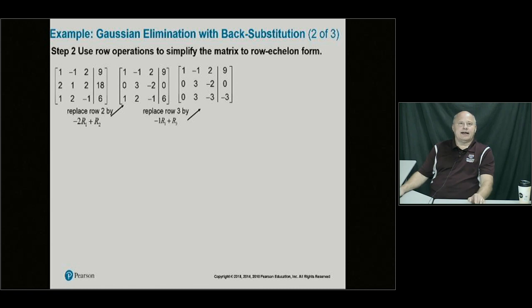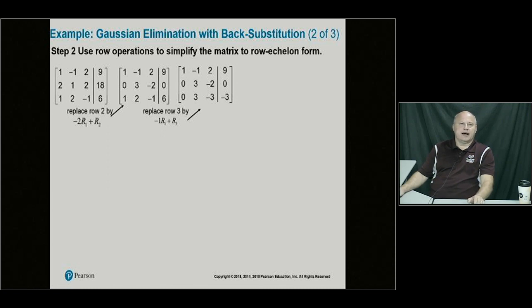Negative 2 times negative 1 is 2, plus 1 is 3. Negative 2 times 2 is negative 4, add that to the element below it, and that's negative 2. And negative 2 times 9 is negative 18, add it to the 18 below it, and that's 0.